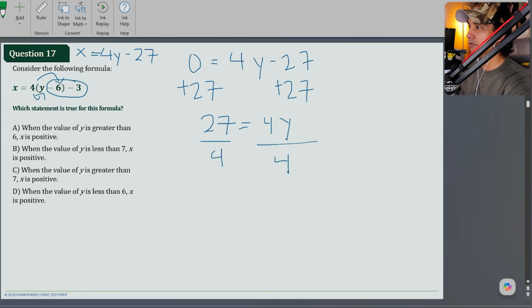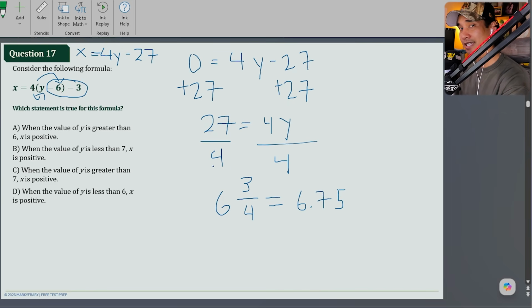And then how many times can 4 go into 27? The answer is 6. And what we're left with is 3 over 4, equaling 6.75. Remember, this fraction right here, that's an easy fraction you should know. So the cutoff is 6.75, or y is equal to 6.75.